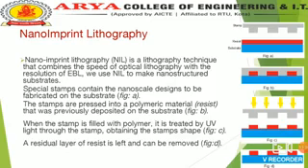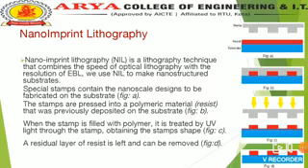In the first figure, special stamps contain the nanoscale designs to be fabricated on the substrate, and in figure B, the stamps are pressed onto the polymeric material, meaning resist, that was previously deposited on the substrate.